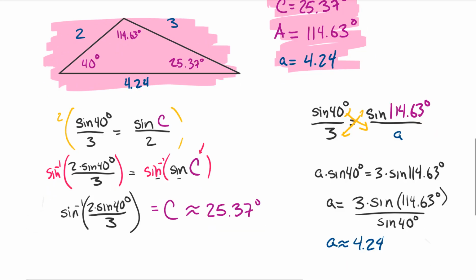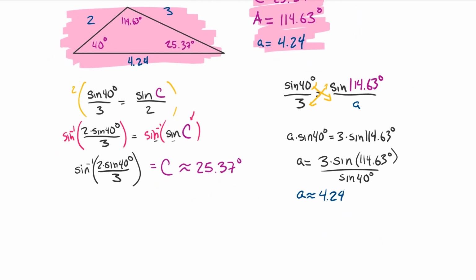Now what we're going to have to mess with soon is right here. This is danger. Sine inverse only knows angles that are less than or equal to 90 degrees.